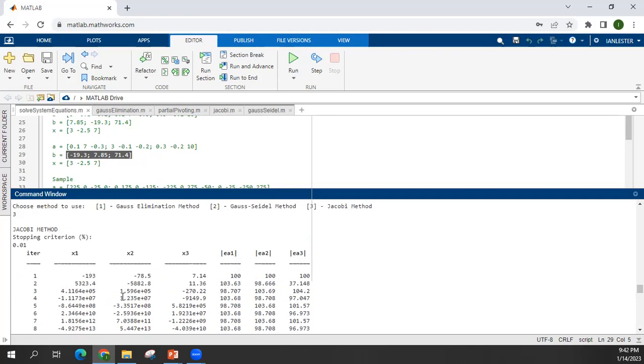Jacobi diverges. Again, the necessary condition for convergence is that the system has to be diagonally dominant.